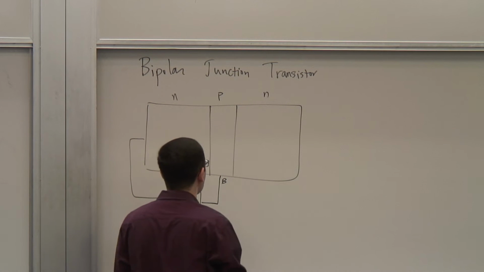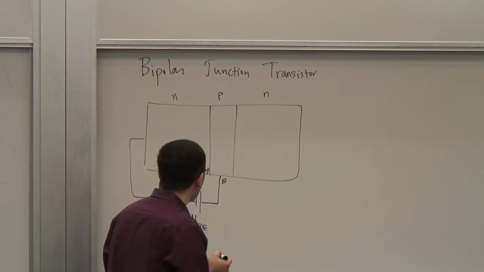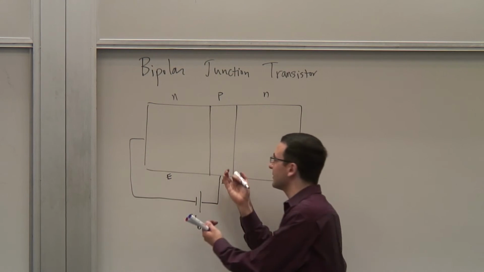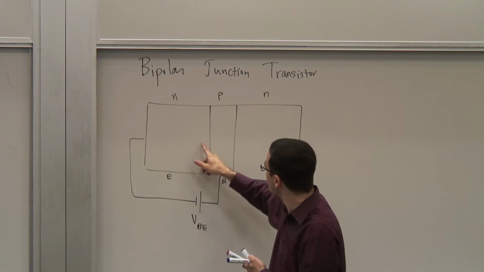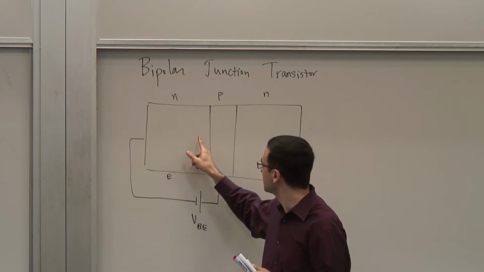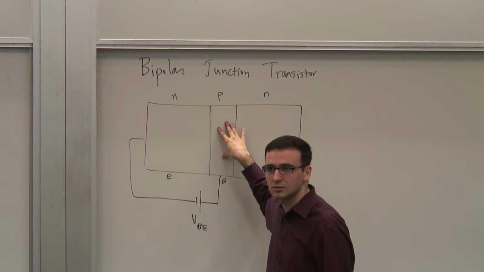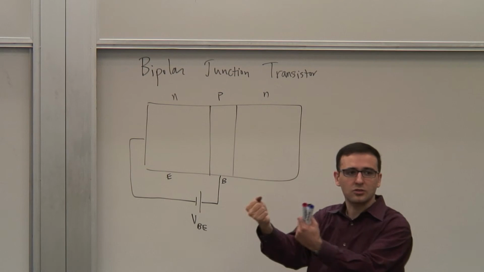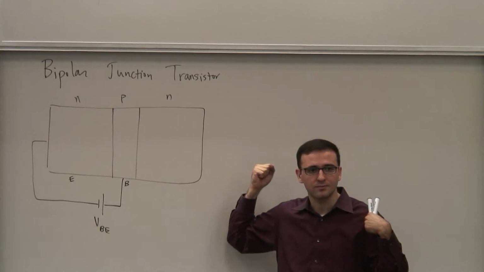And then we would like to be able to collect them somewhere else, right? And to be able to collect them, what's the best way? If I can create an electric field that absorbs these charges, so the charges injected from this side to that side are called what? What kind of charge carriers are injected from this region to that region? Electrons, right? So I want to capture electrons. So I need a field that allows me to capture these electrons.